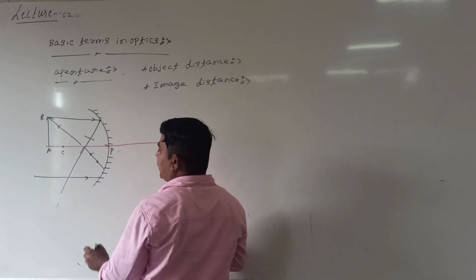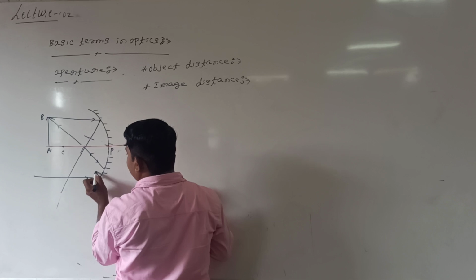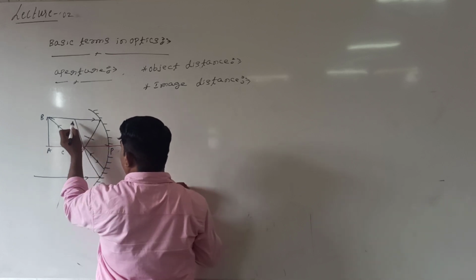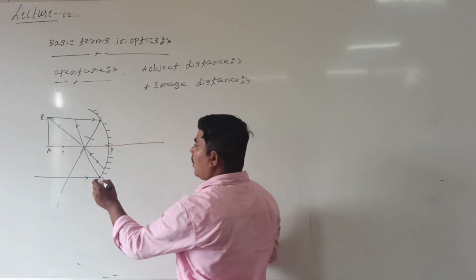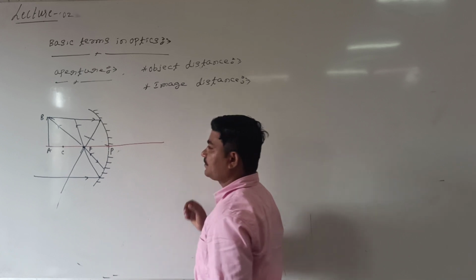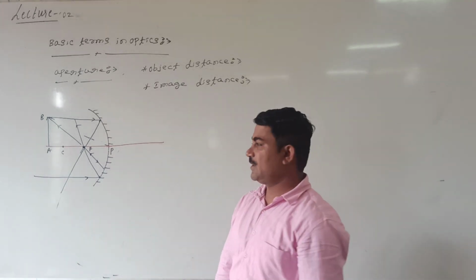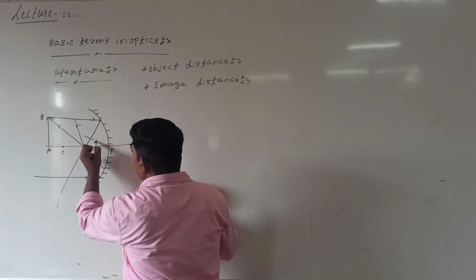After incidence, it is reflected like this. Remember this point. After reflection, all the rays of light are meeting at this point. This point I can call focus. Then the distance between pole and principal focus I can call focal length.